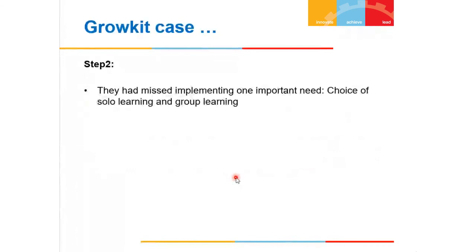Then he thought of all the different things that the students wanted. One of the things they wanted was solo learning, that is homework, as well as group learning. But some students wanted solo learning and some wanted group learning, and right now there was no choice between these two. So he introduced this feature and did A/B testing.